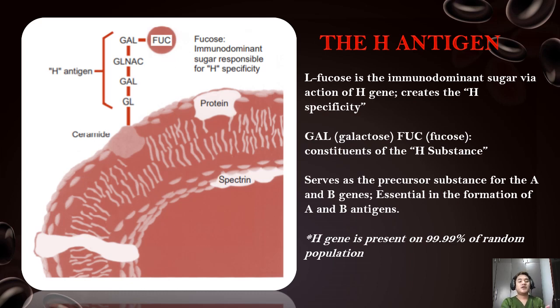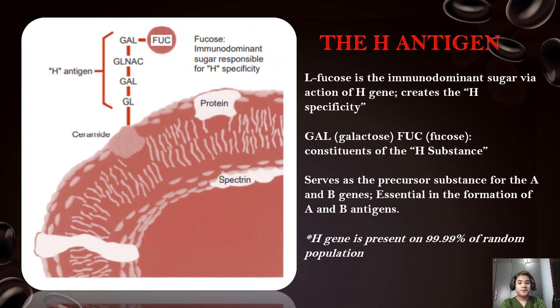The H gene codes for the production of L-fucosyltransferase that will facilitate the placement of L-fucose on the terminal galactose of the paragloboside. The galactose-fucose linkage is referred to as your H substance, while the entire oligosaccharide chain formed is your resulting antigen structure, which is the H antigen.